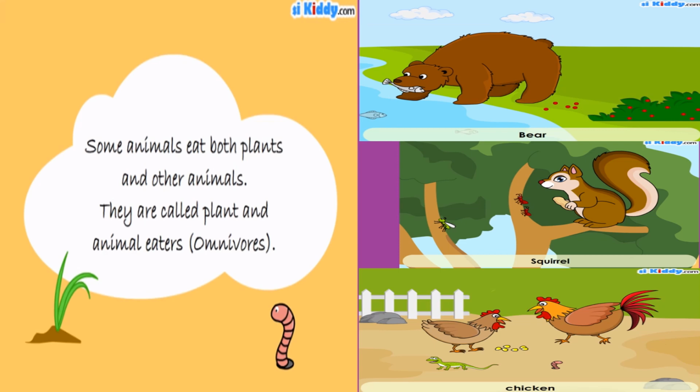So they are called plant and animal eaters, or we call them omnivores. Examples in this slide are bear, squirrel, and also chicken. We as humans are also in the omnivore category because we eat both. We eat animals and we also eat plants, which are fruit and vegetables.